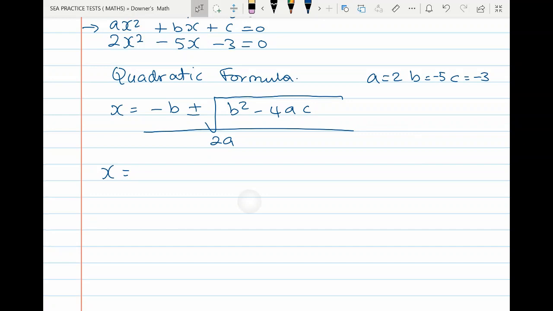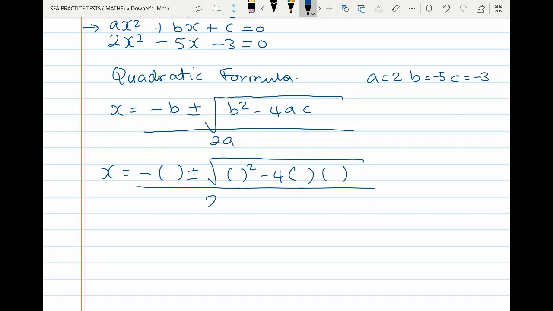But to substitute into this equation, we're going to use the bracket system, which is anytime we see the letter, let's say for example b, we will put a bracket. So: x equals bracket, plus or minus the square root of, instead of b, brackets squared, minus 4 times, instead of A, a bracket, instead of C, a bracket, and then we'll put that all over 2, and then a bracket.